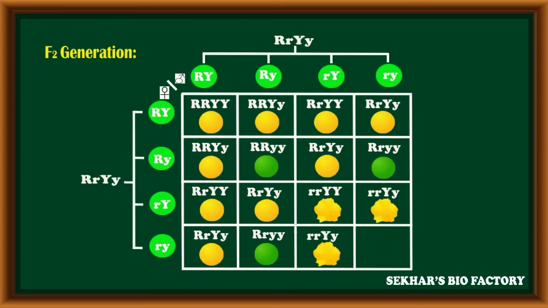The next combination, small r, capital Y, small y. It is also phenotypically wrinkled yellow. So these three combinations mentioned here, this shows a new character. It is wrinkled yellow. It is also not seen in parental combination.